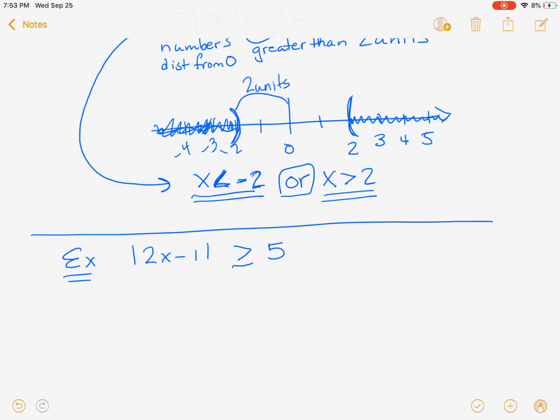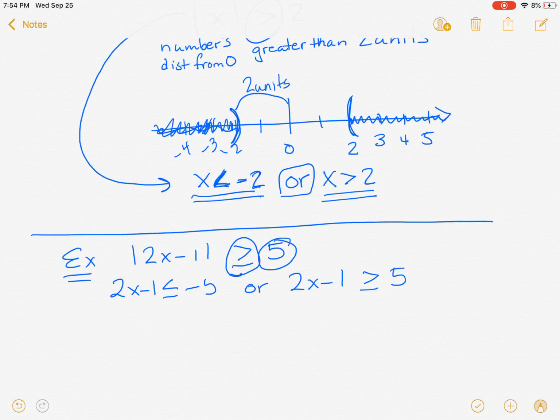Okay, so my first inequality is going to be 2x minus 1 greater than or equal to 5 with the word or, and then I'm going to set up 2x minus 1. I'm going to flip this inequality sign, and I'm going to flip the sign on the number. Now I can set up 2 inequalities so that I'm going to solve them.